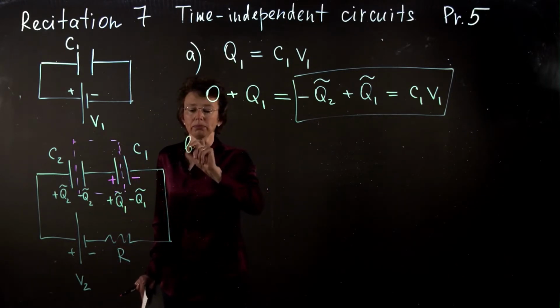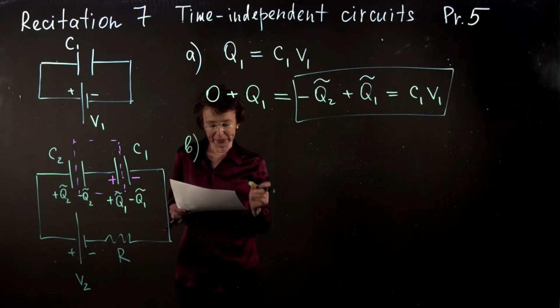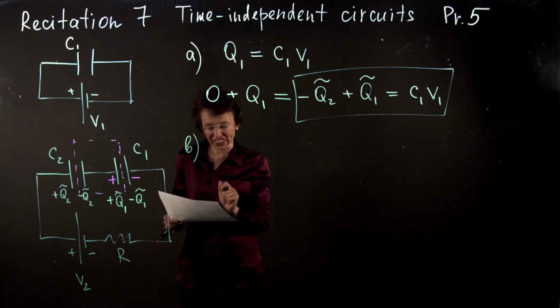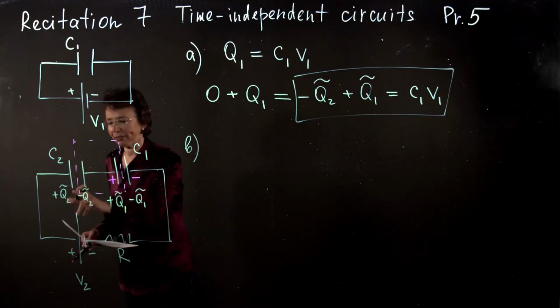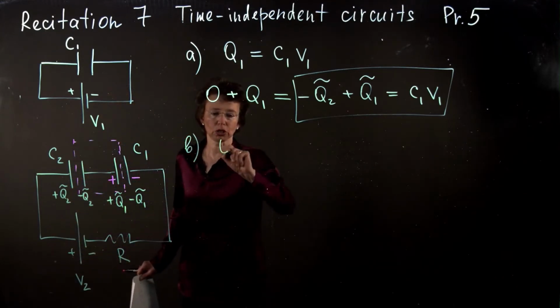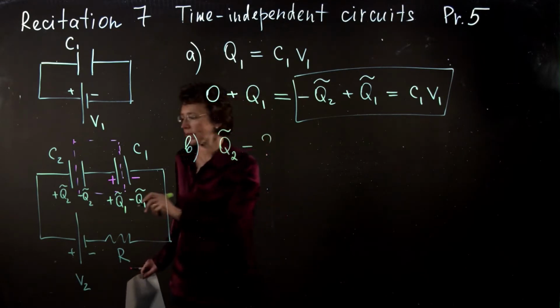For part B, we will find, when all charges come to rest, what will be the charge on the left plate of the capacitor C2. So what we need to find is Q2 tilde.